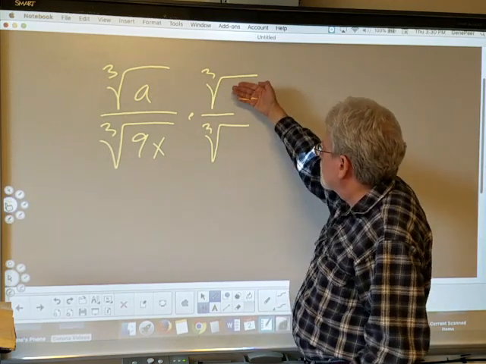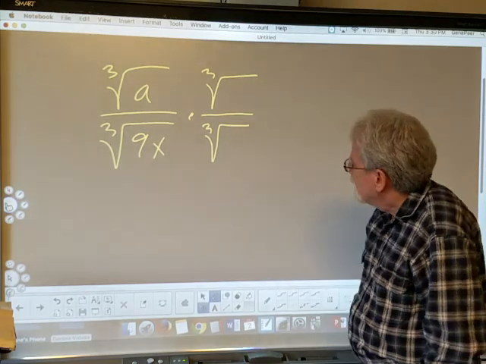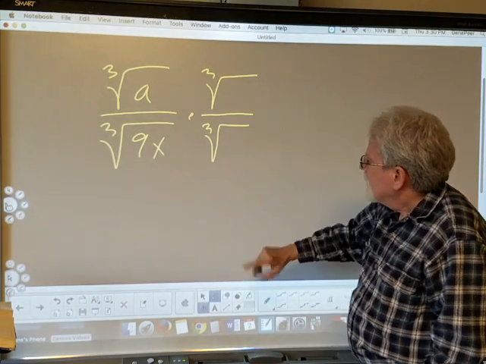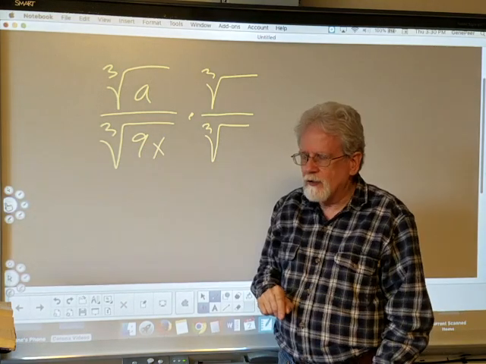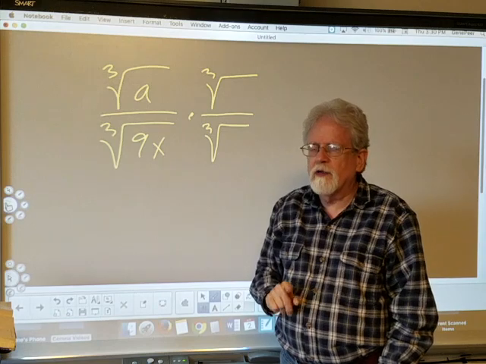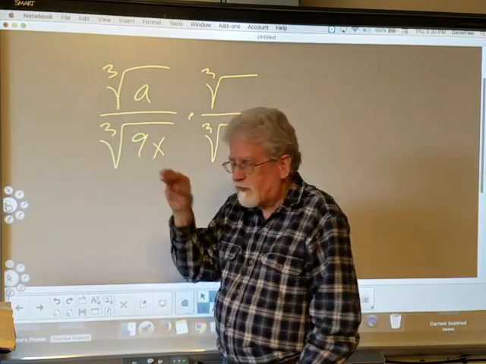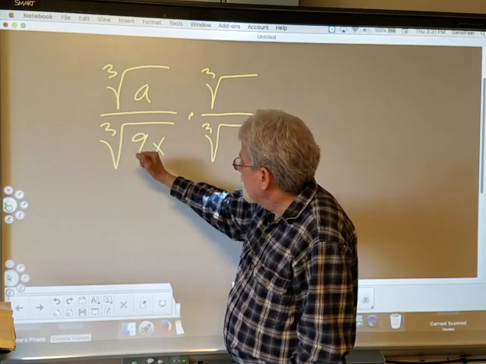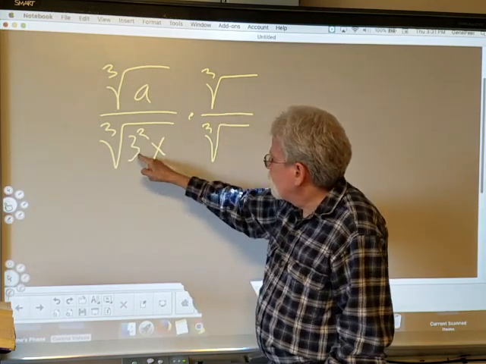But of course these have to match, otherwise we're not multiplying by 1, and that would not do at all. So these have to be the same. What can I multiply 9 by to make it become a cube? Yes, I could multiply it by another 3. Because think of it this way, by the way. Here's another way to look at it that might, for some of you, be easier. Isn't that 9 just 3 squared?